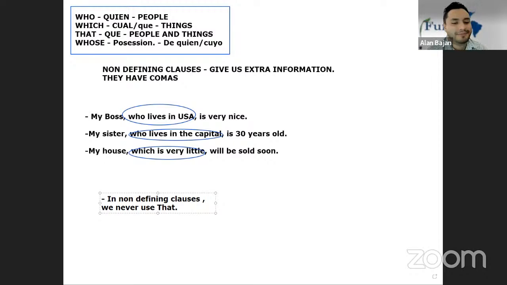All right. Perfect, class. Questions so far with defining and non-defining clauses? My car, which is very old, is in the classic car show. Nice.